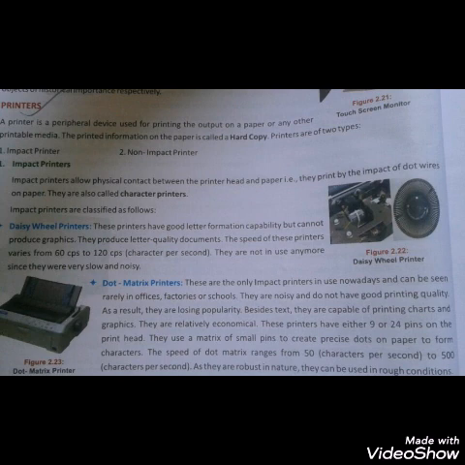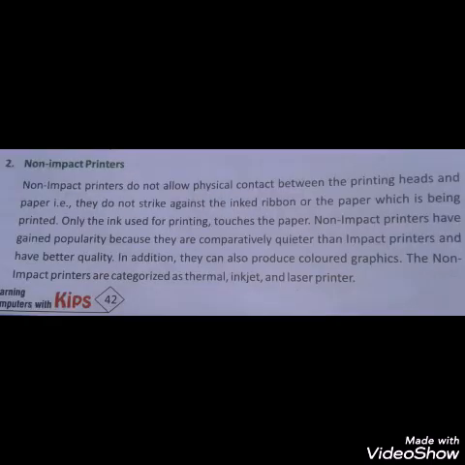Dot matrix printers are inexpensive and noisy and typically print at a speed of 100 to 600 characters per second. This type of printer is mainly used in government offices to produce carbon copies of the printout also.